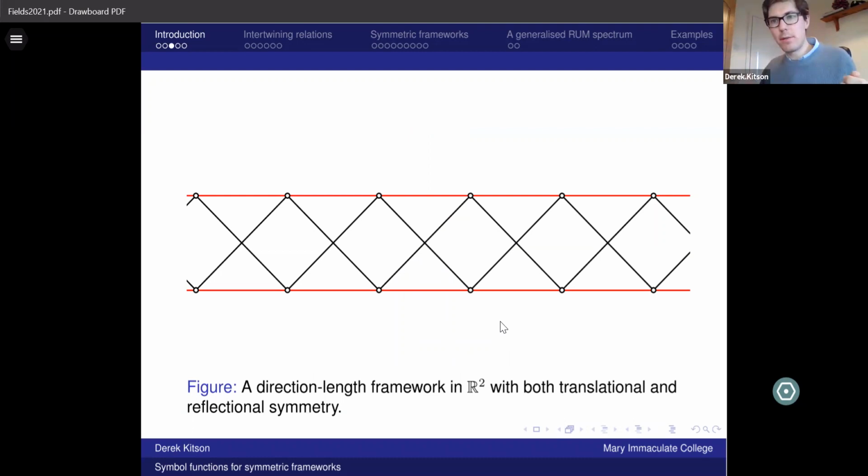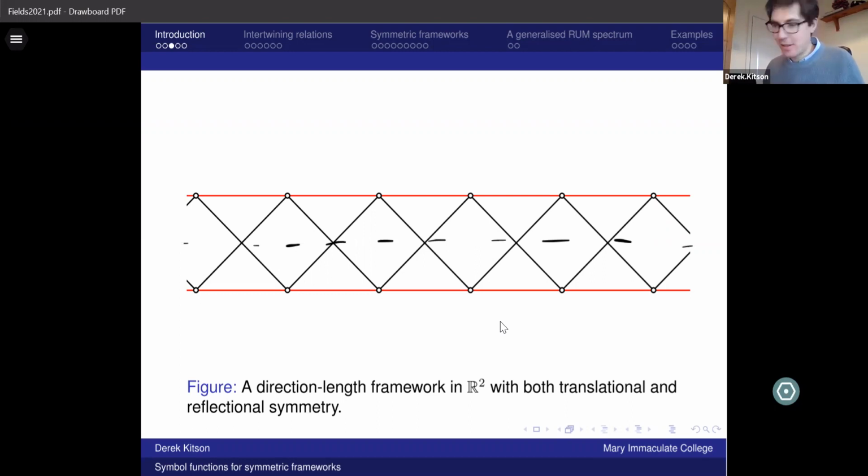But we also have a reflectional symmetry, where you can see the line of symmetry coming across the middle. So we have a mirror there. It's more than periodic, but it's definitely not a finite symmetric framework.